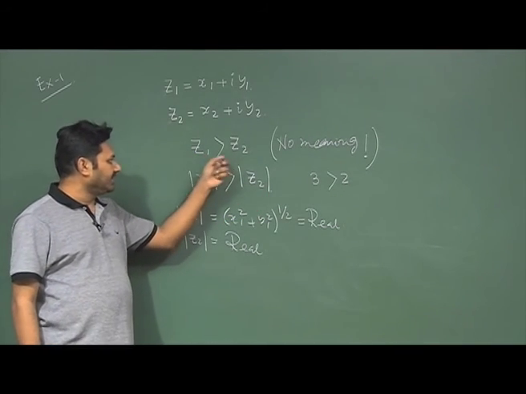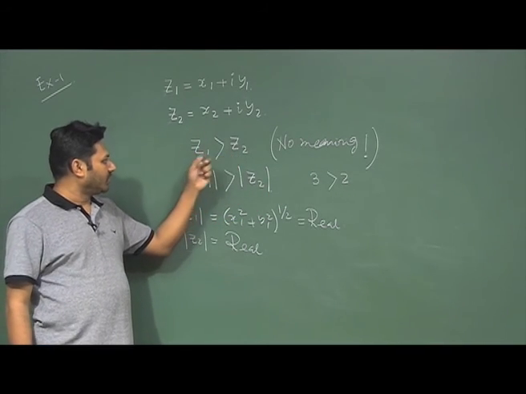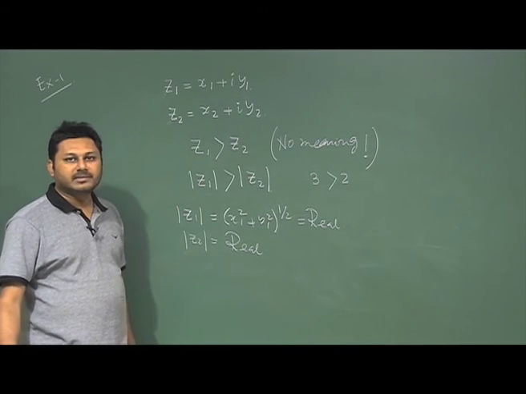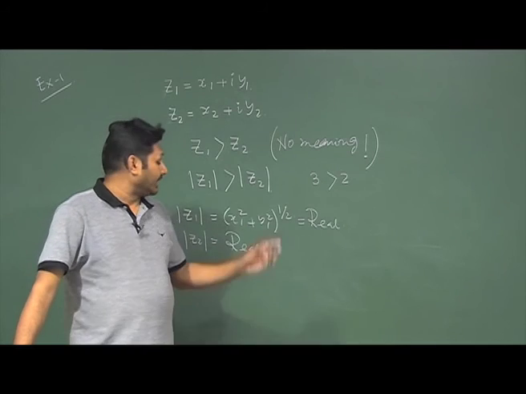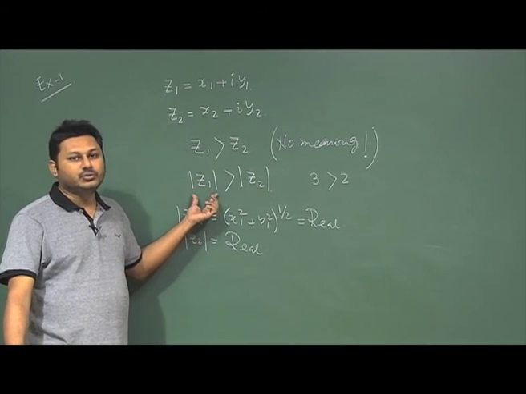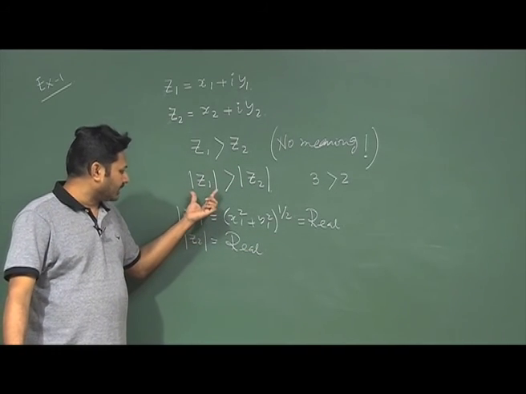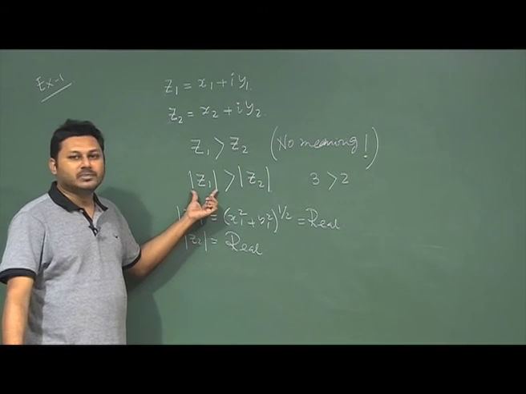But if I write z1 greater than z2, it is absolutely wrong, because two complex numbers can never be compared unless we find out the amplitude or the mod value of these things.